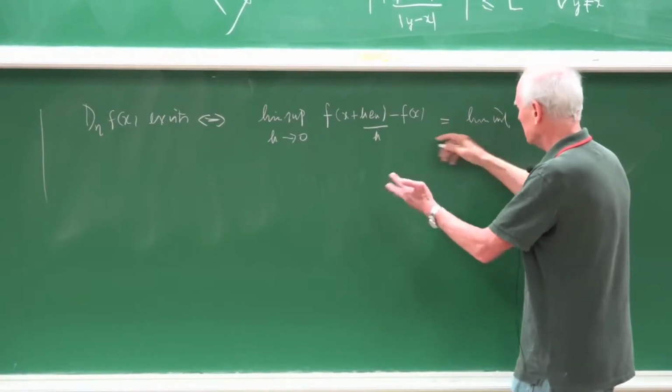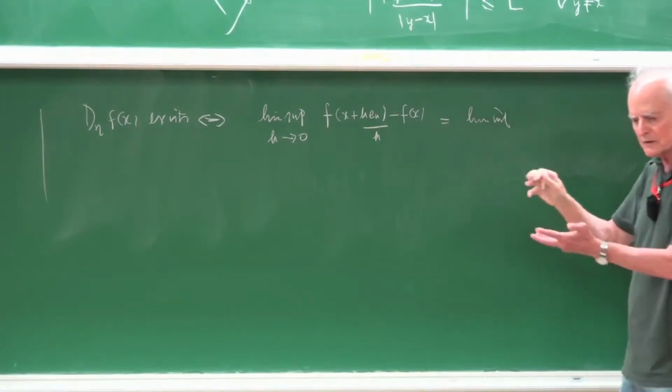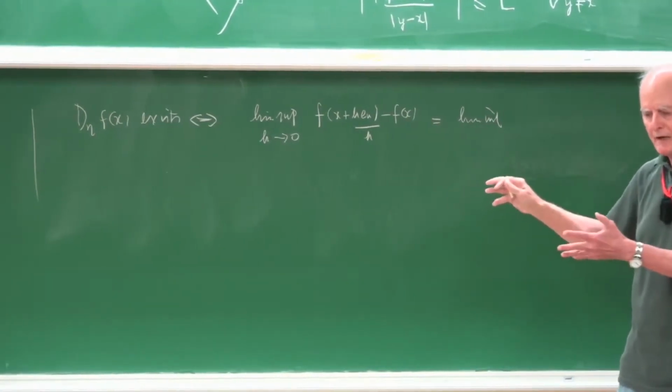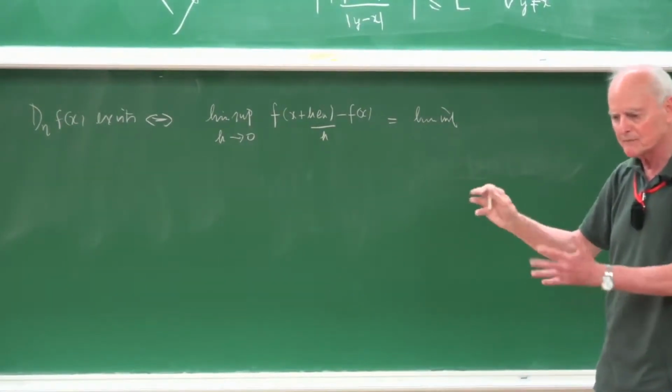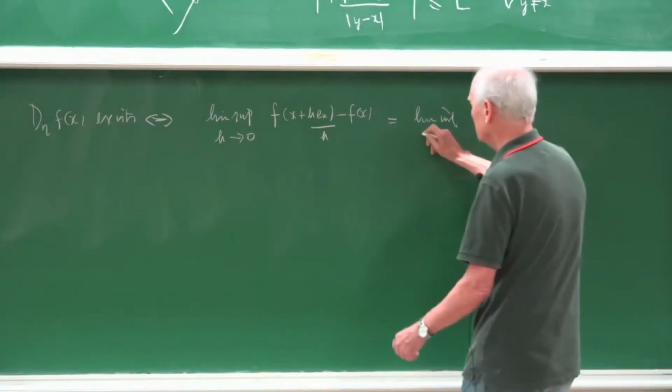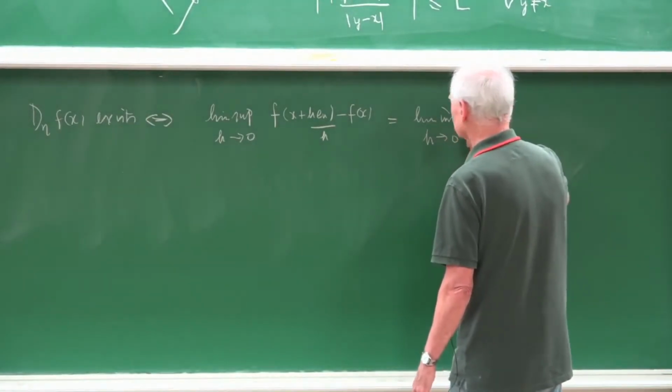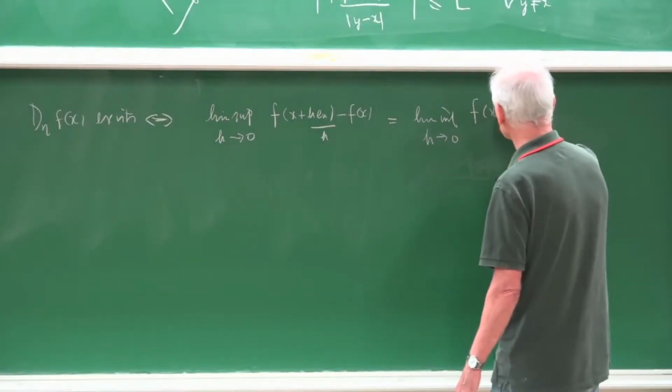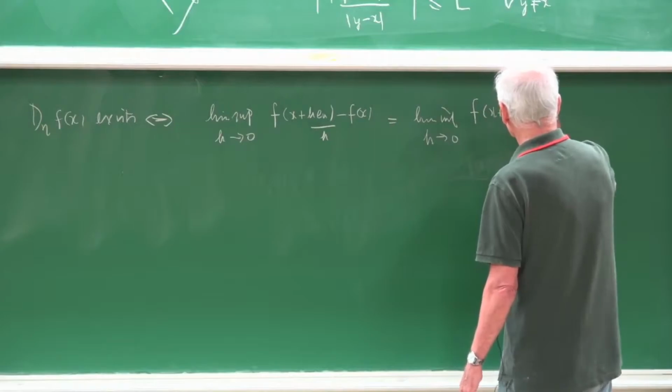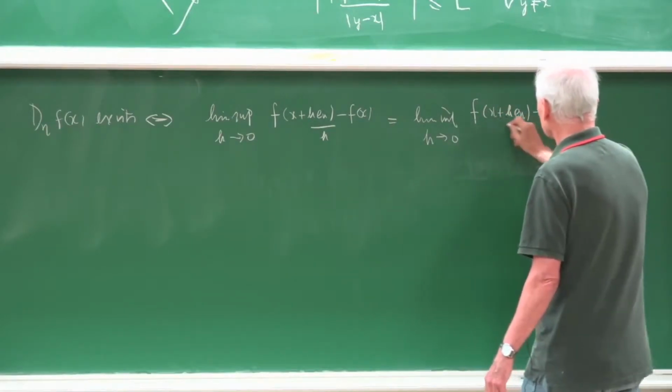Because remember, the limit exists as long as everything's finite if and only if lim inf equals lim sup, right? So lim inf as h tends to 0 of (f(x + h e_n) minus f(x)) over h.